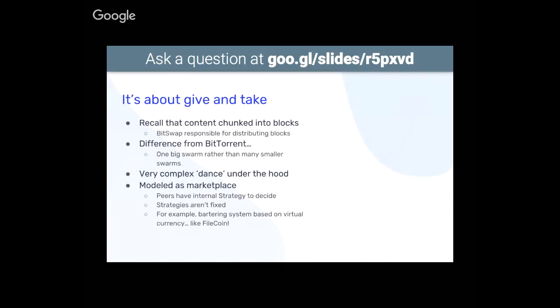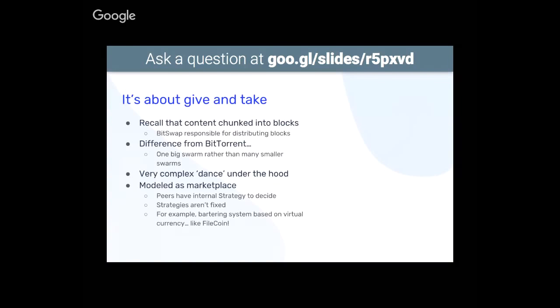And these strategies aren't necessarily fixed. They can be designed to do things like incentivize data duplication or uptime, or punish leechers on the network, so peers that aren't providing content but are only requesting content, or whatever sort of strategy they want to use. And the BitSwap protocol has this dynamic, or the ability to swap in different strategies baked right into the protocol.